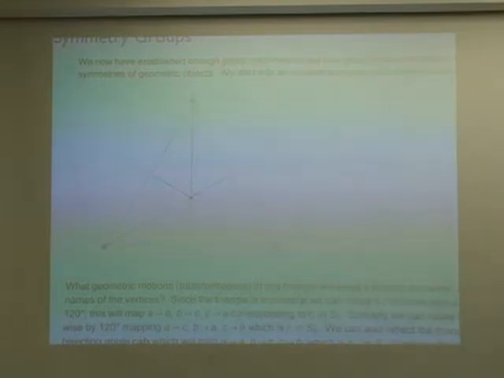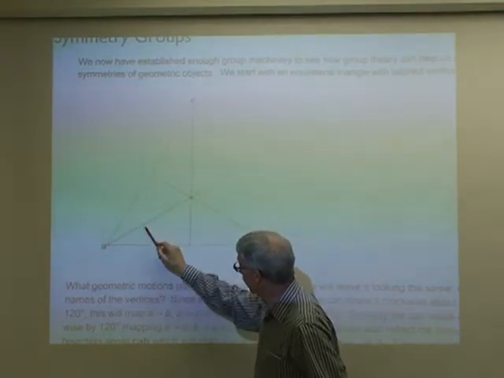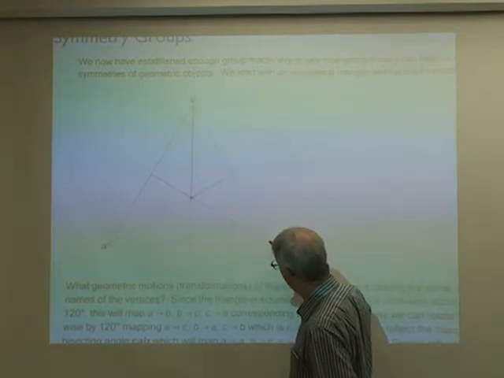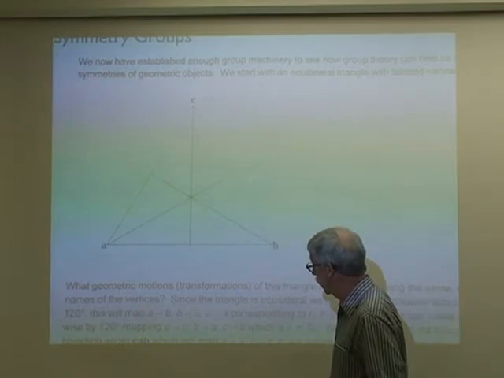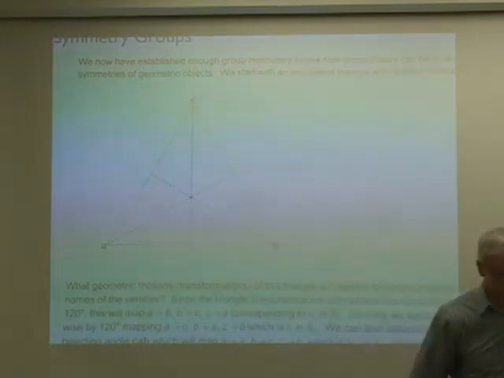But there's another way to manipulate this thing geometrically to end up with a triangle that looks the same. If I flip it about any of these axes, if I flip it about this axis, A stays fixed, but C and B swap. If I flip about this axis, A and C swap, but B stays fixed, and if I flip about this axis, C stays fixed, and A and B swap.